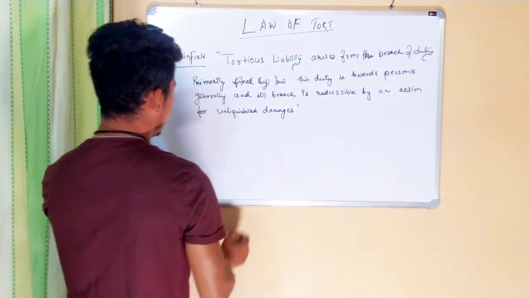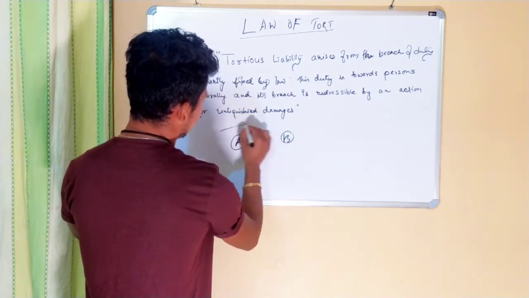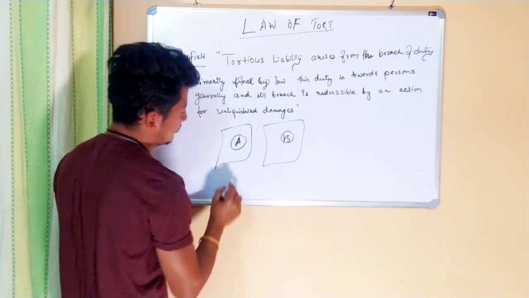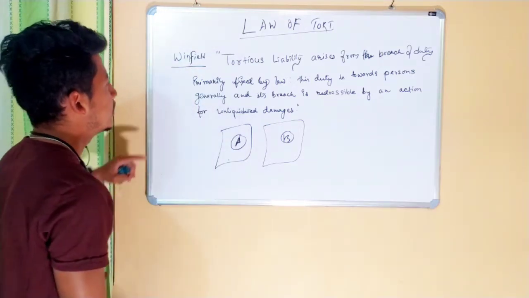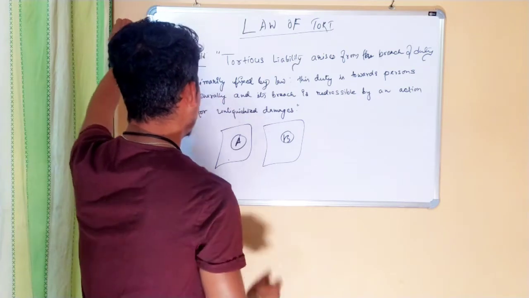Take the same example again, A and B. Both persons have rights over their respective land or jurisdiction.